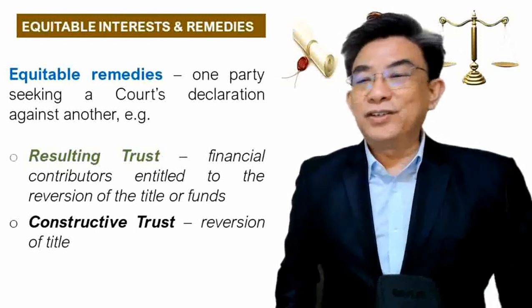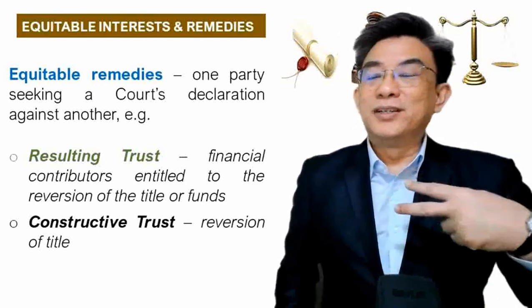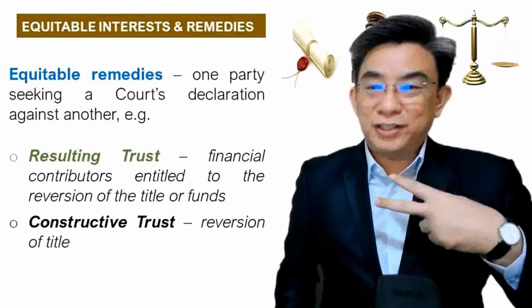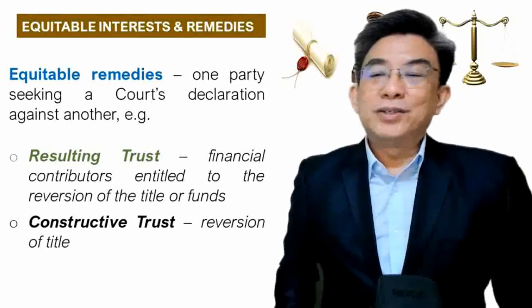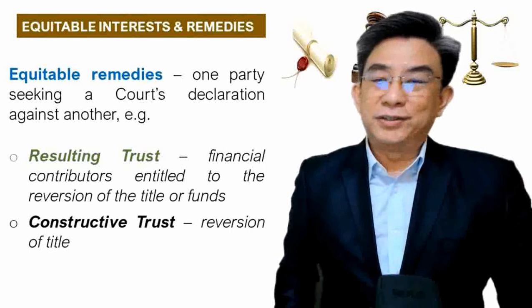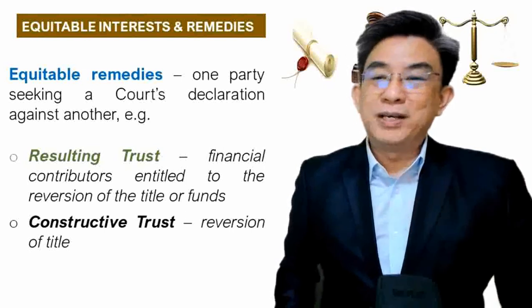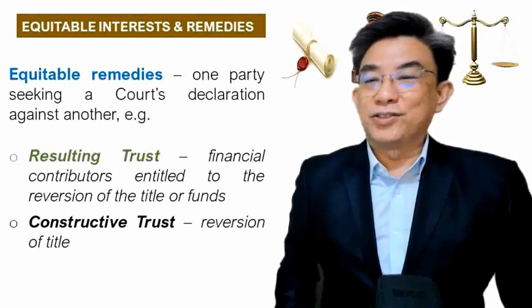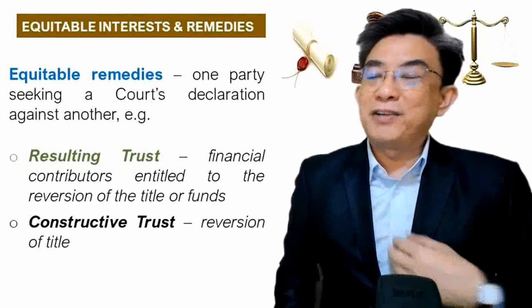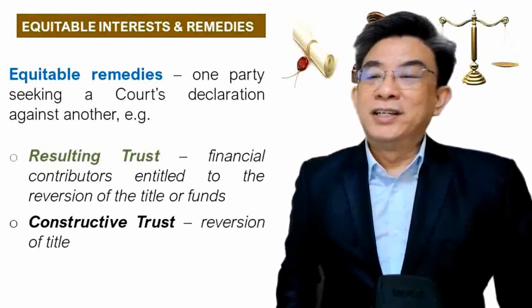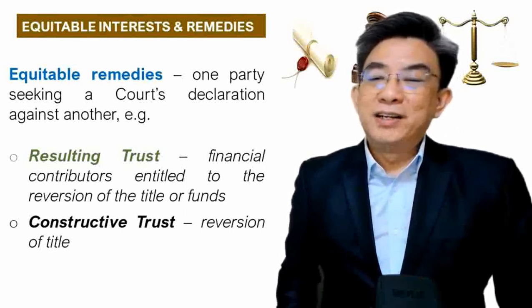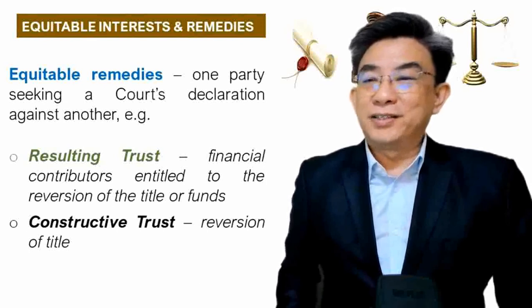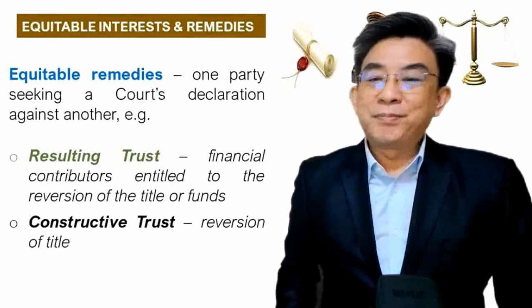The court says, no, you must return two of the titles, maybe 50-50, back to Sam. In the interim, before the titles come back to me, the other guy is a constructive trustee and I'm the beneficiary of a constructive trust. So one is a legal owner, the other is the equitable owner.